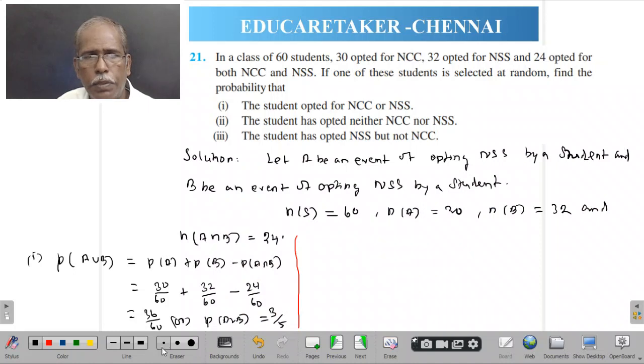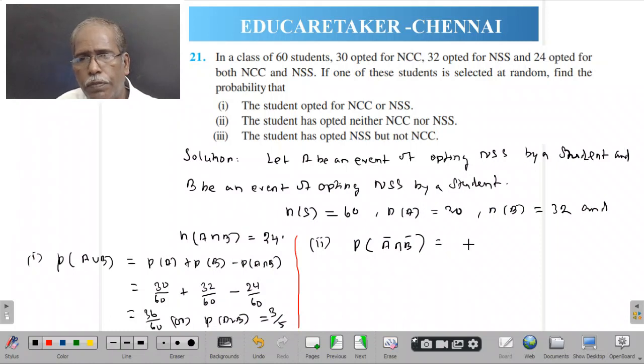And the second subdivision: the student has opted neither NCC nor NSS. That is P of neither NCC, A complement, intersection nor NSS, B complement.